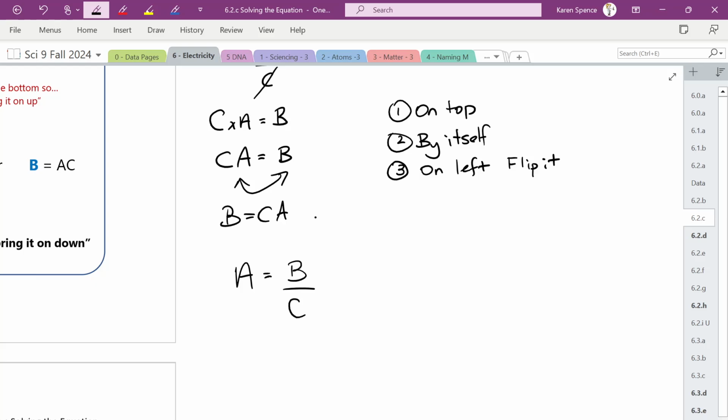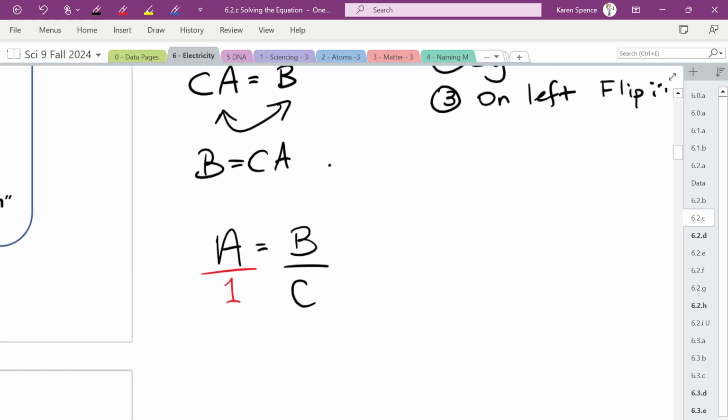One last way of doing this, okay? And once again, I'm going to put a 1 down on the bottom here. Sometimes this works and sometimes it doesn't. Are you guys familiar with cross multiplying? You can cross multiply.